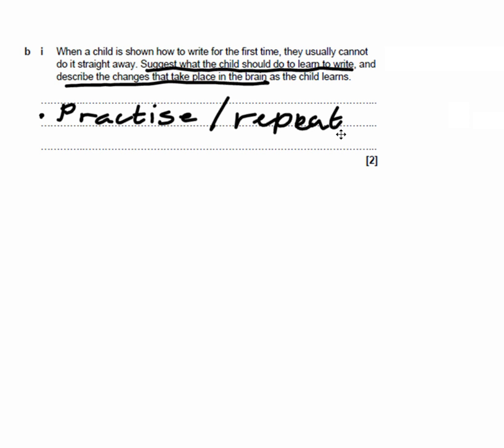To get our second mark, though, we needed to talk about the changes that take place in the brain, and the point that we needed to make is that the more we practice, it strengthens pathways between neurons in the brain.